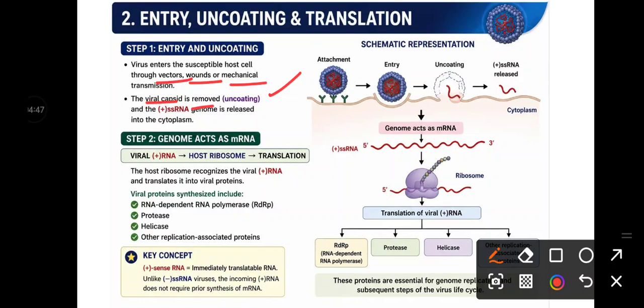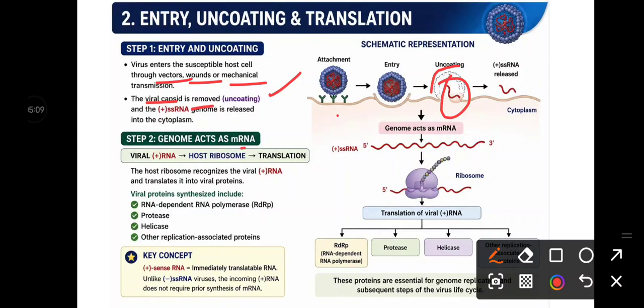So here you can see, first it will attach, then enter the host cell either through a wound, vector mediated, or by mechanical transmission. Then uncoating will occur, meaning its protein coat will be degraded, and then the nucleic acid will be released into the host cytoplasm.